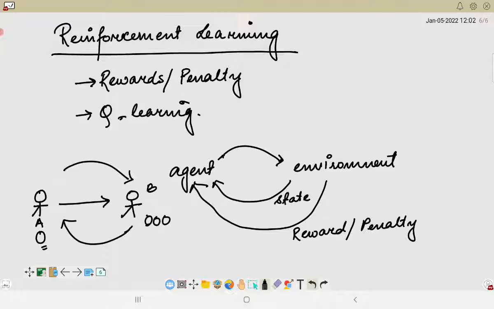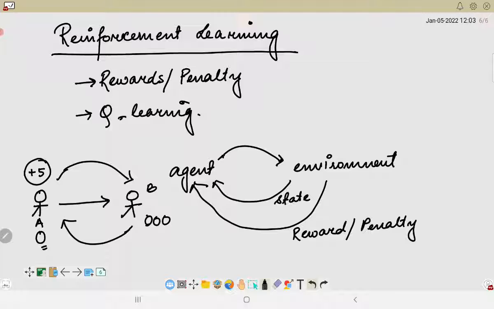Now let us take another situation. He does not have any more 10 rupee note, he has just a 5 rupee note.